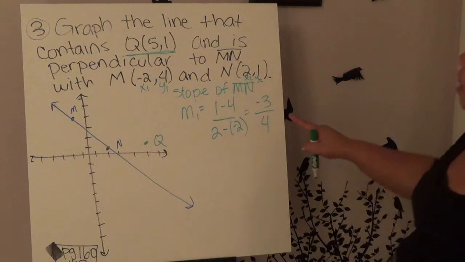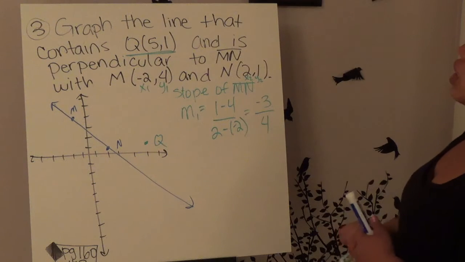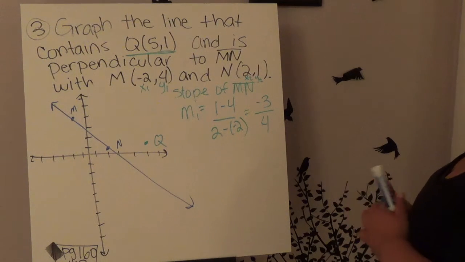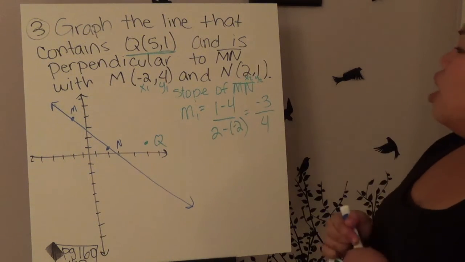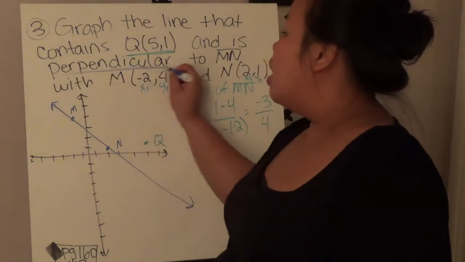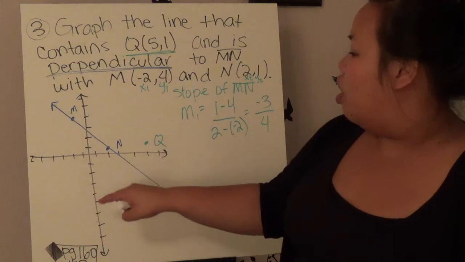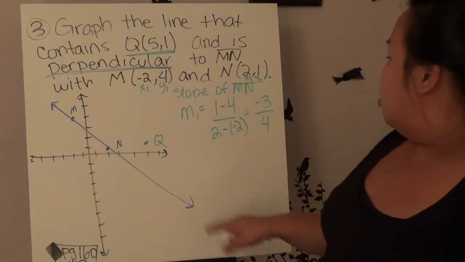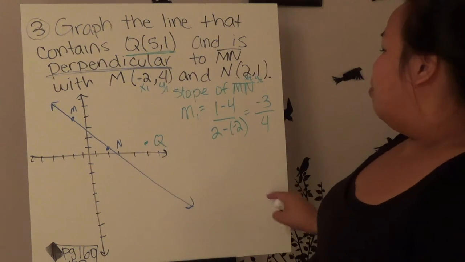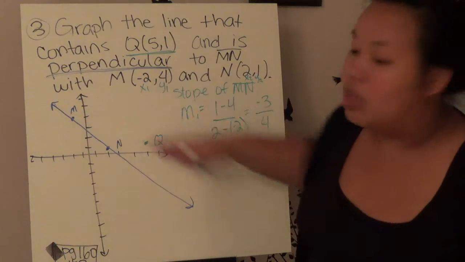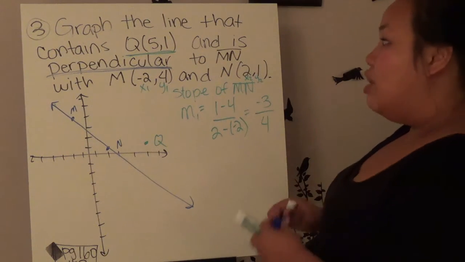So my slope for MN is negative 3 over 4. Okay? And if this said parallel, then I would just take this and go down 3 and over 4. Down 3 over 4, down 3 over 4, and it would be parallel because it wouldn't intersect. But it's not asking for parallel.